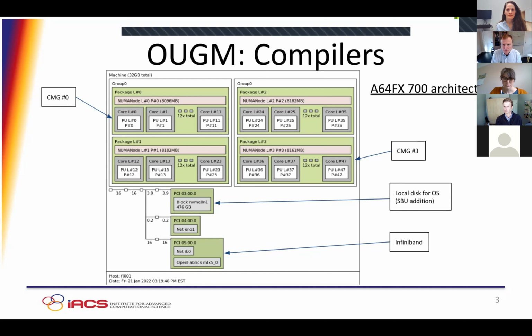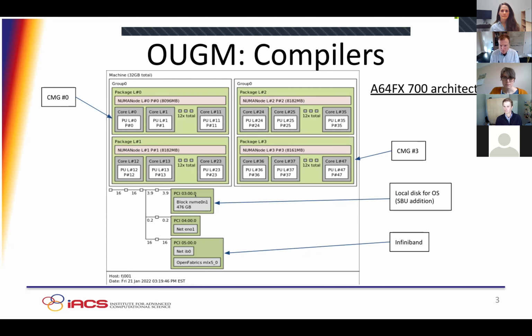So the Ookami processors have 4 NUMA nodes within each processor, which are called core management groups in the A64FX terminology, each of which has 8 gigabytes of RAM attached to the node and 12 cores within the group. All the cores in the different groups are then connected on a ring with a network on chip, and that's how they communicate with each other in the chip.